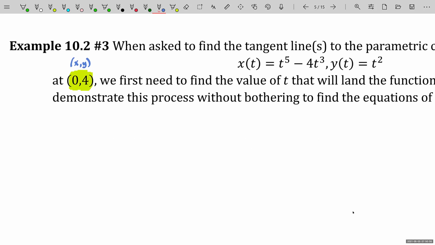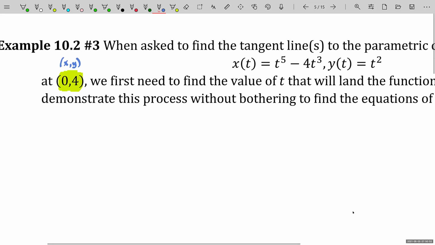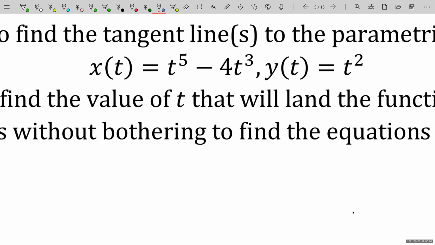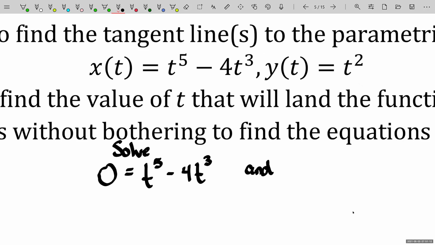Well, it is as simple as allowing x to equal 0 in the first equation and y equal 4 in the second equation. It's, I should say, sort of that simple. There is a caveat here, and so we'll see it in this example. So we need to solve this and this. But we need to solve these simultaneously.